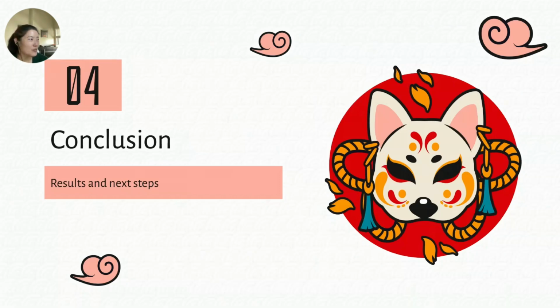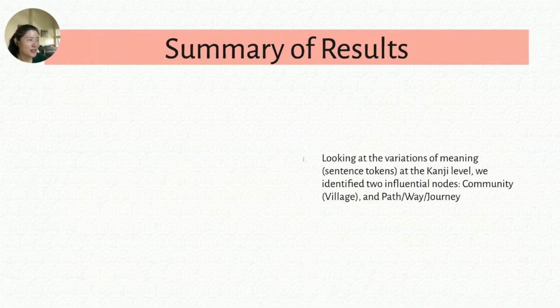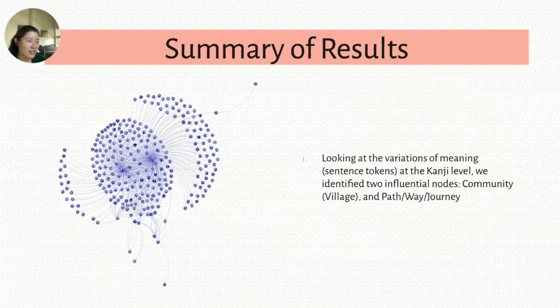Okay, and then I will wrap up. Looking at the summary of results, if you look at the traditional way of breaking down these characters, you would not find that road and village are the most influential nodes. That's not to say the traditional ways are not valid. They're definitely built on hundreds of years of study.